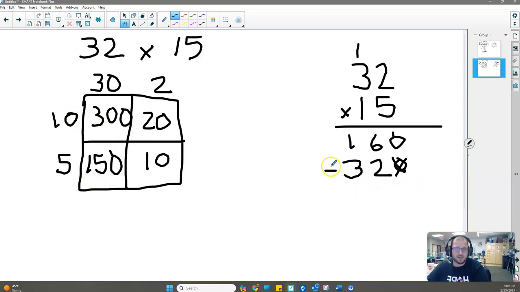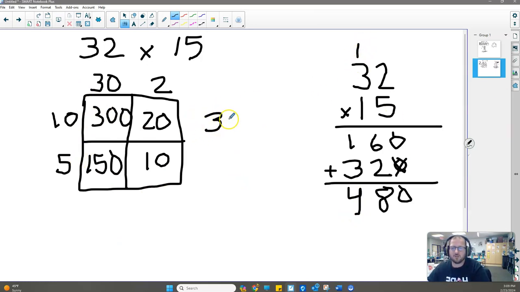Okay, and then in the old way, we would do that. 0 add 0 is 0. 6 add 2 is 8. 3 add 1 is 4. We're going to end up doing all of our adding here, including what we had to regroup up there.